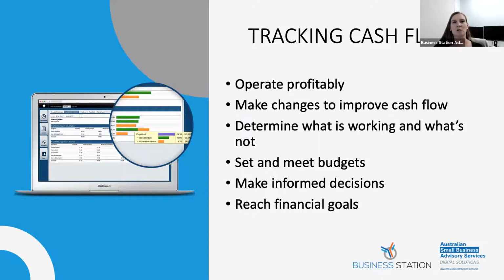It also allows you to be sure that you've got enough cash, or determine how you can get inputs. So if you don't have enough cash, and your tracking of cash flow by way of a forecast does identify that, then you might need to input into the business personally. You might need to seek investors, or you might even need to look at selling off assets to get that cash injection that you need within the business at particular times.